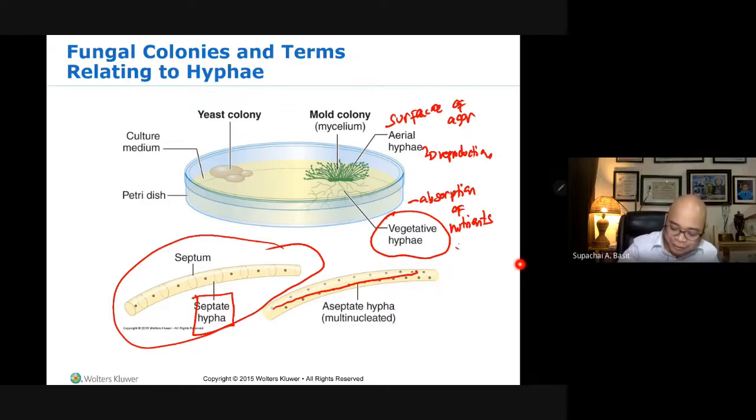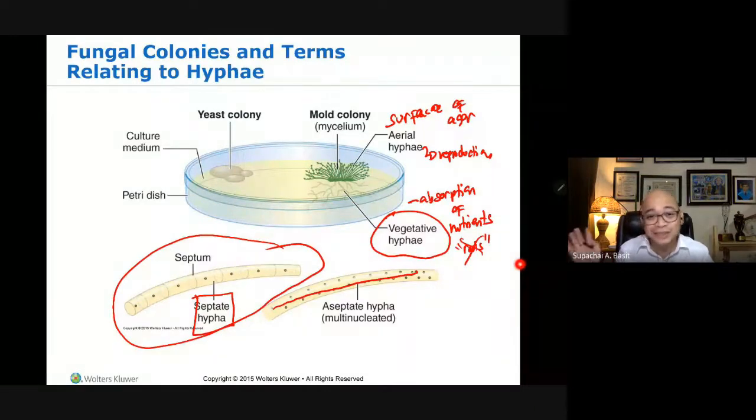So it appears like roots, okay, for absorption of nutrients. But these are not roots because roots are supposed to be found in plants. So instead of calling it roots, we call it vegetative hyphae.